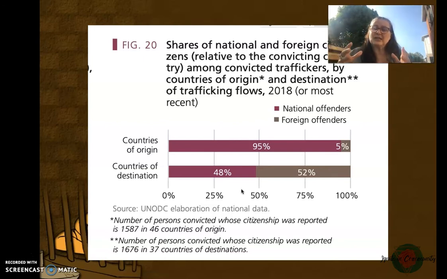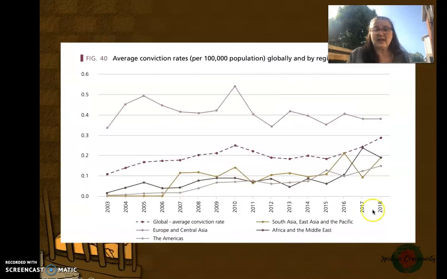The European Union allows people to go from one country to another very easily, and you can cross international borders very, very fast. So it's difficult to arrest. It's very difficult to prosecute because there's different laws in different countries, and then it's very difficult to have conviction.